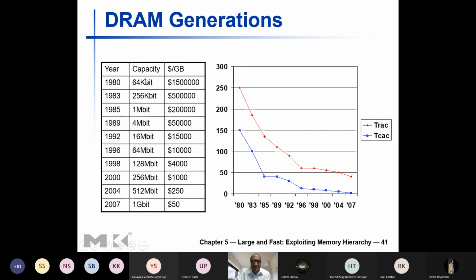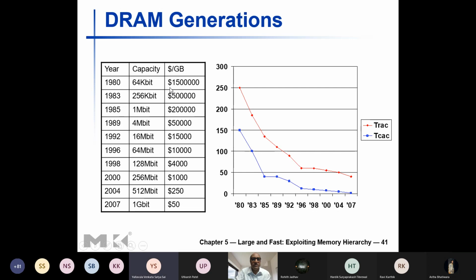And this slide is just to give you a feel of how the DRAM structures have evolved over the last 30 years. In the early 80s it was very expensive and not affordable for the common public.